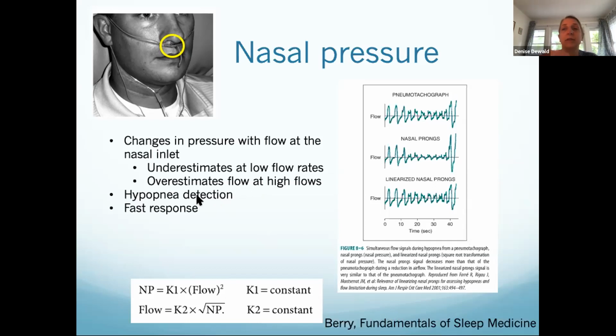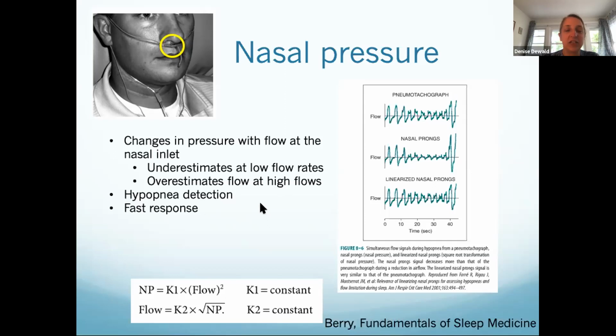But you can't use it as well for an apnea because its signal is going to go down too much. So this isn't really an apnea, but you might say, oh, this is close to an apnea, but it's not. Well, it's good enough, it's close enough because it's at least a 70% flow decrease.